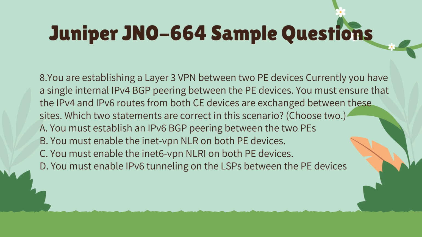A. You must establish an IPv6 BGP peering between the two PEs. B. You must enable the inet-vpn NLRI on both PE devices. C. You must enable the inet6-vpn NLRI on both PE devices. D. You must enable IPv6 tunneling on the LSPs between the PE devices.